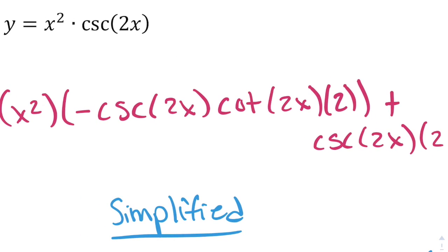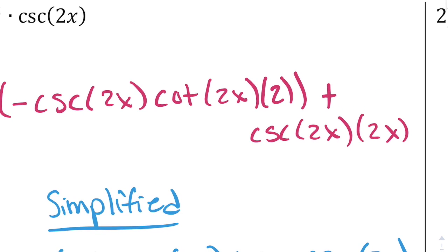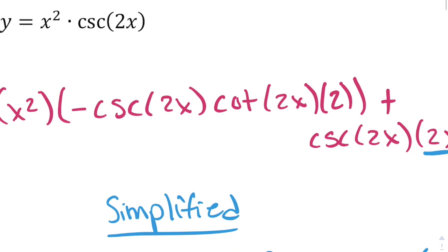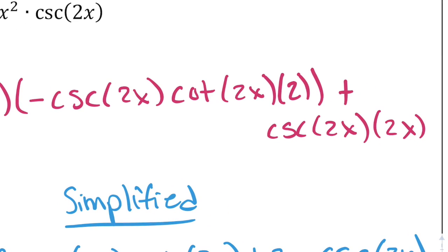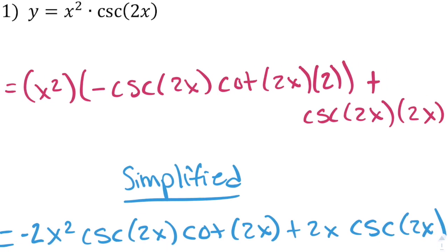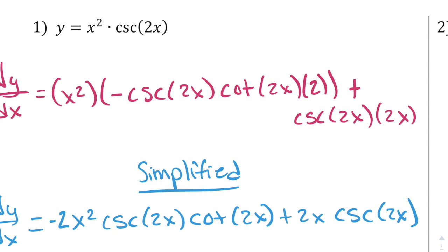plus the second function, which is cosecant of 2x, times the derivative of the first, which is 2x. The derivative of x squared is 2x. So that would be fine as an answer. I also simplified it. I moved a couple things to the front. I moved this negative, I'll use orange here.